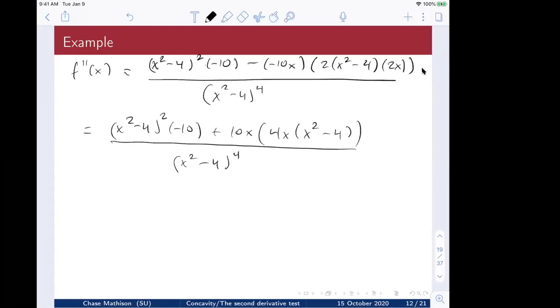All right, and notice that up top, both terms have an x squared minus 4, so I'm going to factor that out. I'm going to get x squared minus 4.